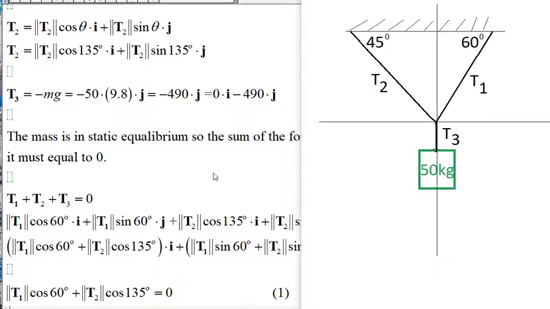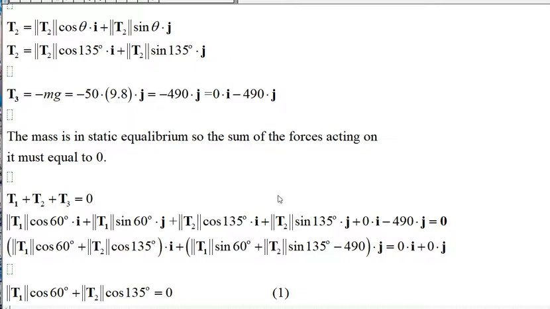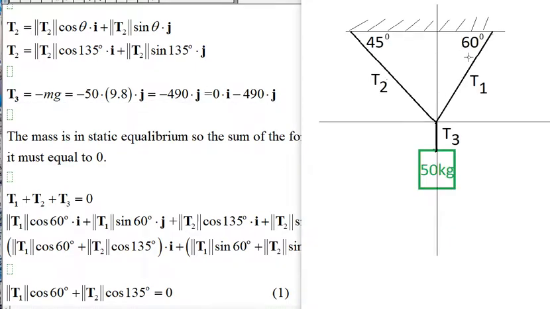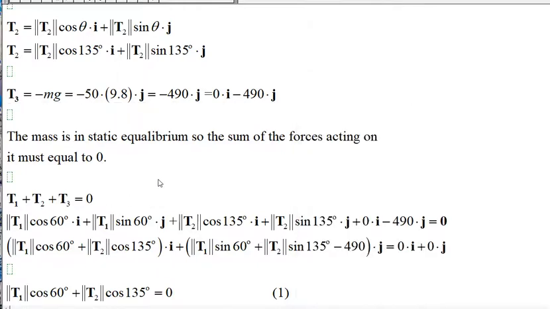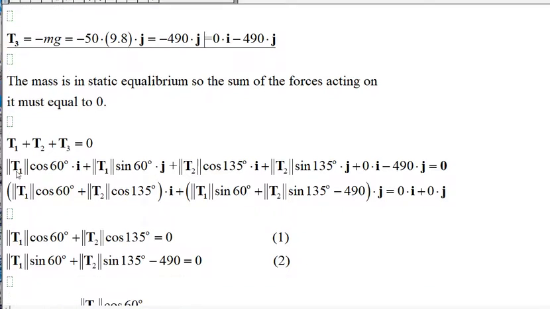And since we have a system here that's in equilibrium, then we know that the sum of the forces must be equal to 0. And so t sub 1, t sub 2, t sub 3, the sum of the forces, this is t sub 1, this is t sub 2, and this is t sub 3, must be equal to the 0 vector.